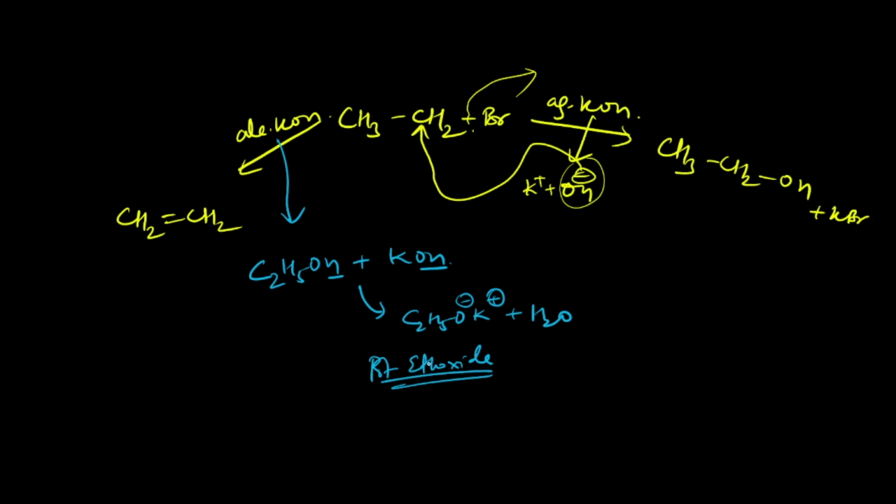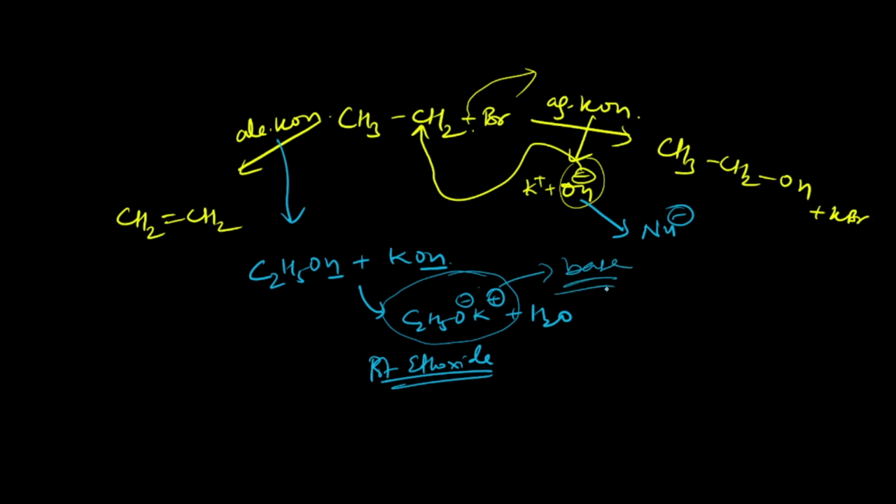So potassium ethoxide will act as a base, not as a nucleophile. But in the other case, OH minus is acting as a nucleophile. One more thing we know: if the size of the species is small, it will act as a nucleophile. If the size is large, it will act as a base.